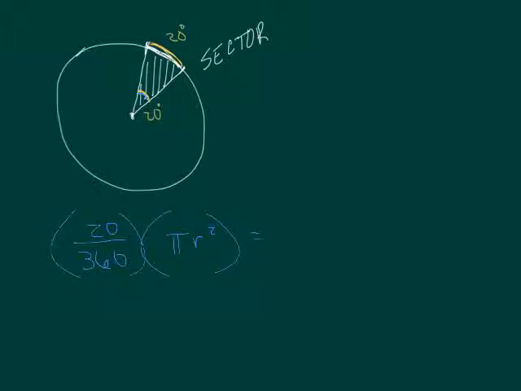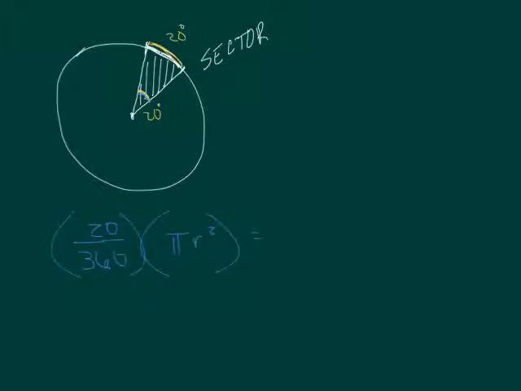So again, notice what we've got here. We've got the area of the whole circle times the part that we're looking at, 20 out of the 360 degrees. And this will always be over 360 degrees. So whatever angle this is, over 360 degrees is the part of the circle that we're looking at for this particular one.